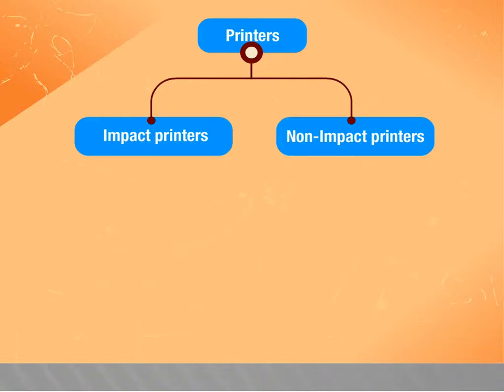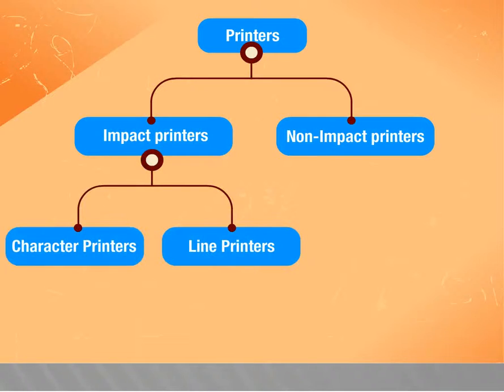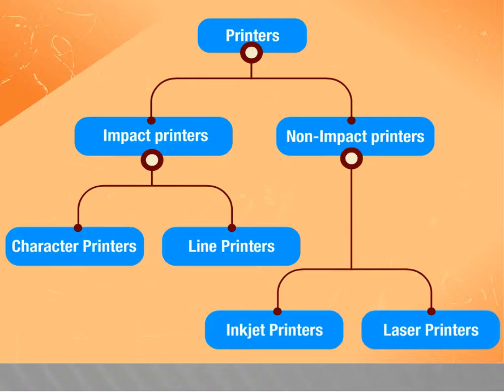Impact printers are classified into two types. They are character printers and line printers. Non-impact printers are classified into two types. They are inkjet printers and laser printers.